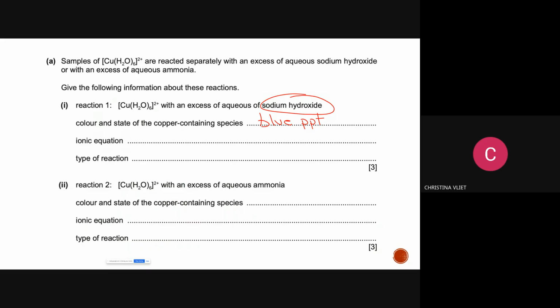Ionic equation. Oh boy, what's that? Remember that thing? They're asking for the chemical reaction here. What am I reacting this with? Sodium hydroxide. Do I include the sodium in the ionic equation?